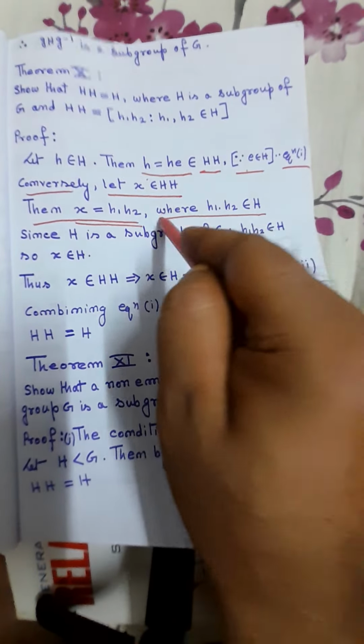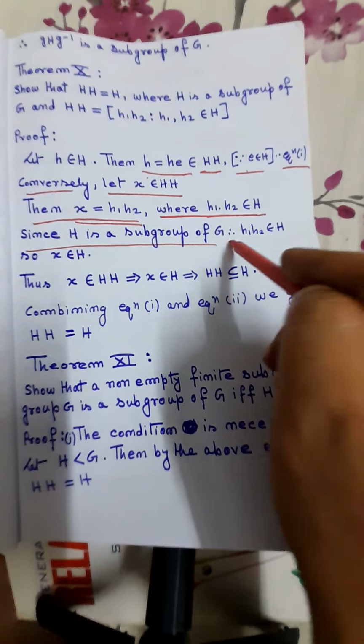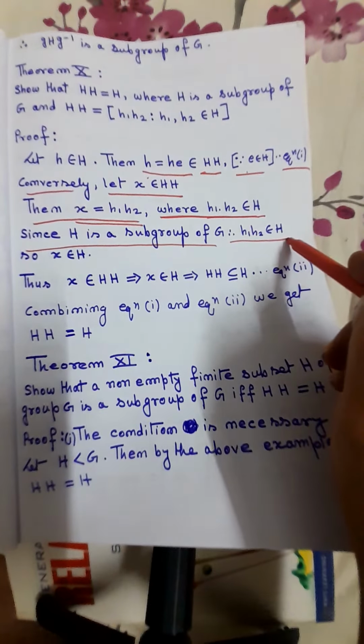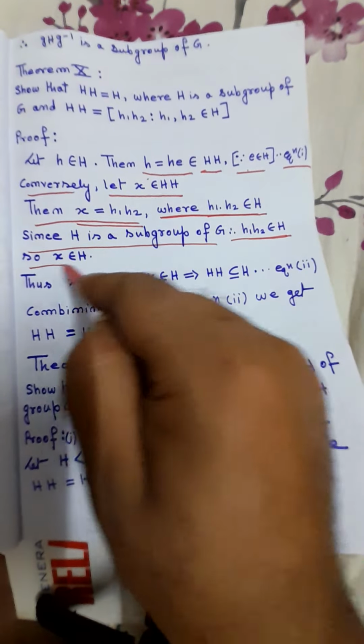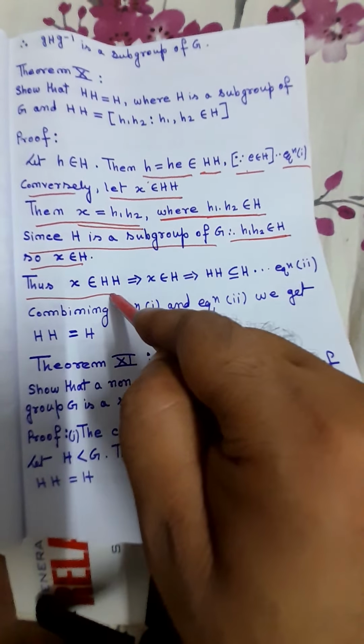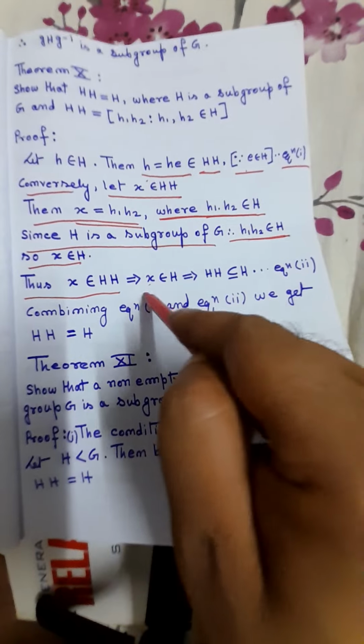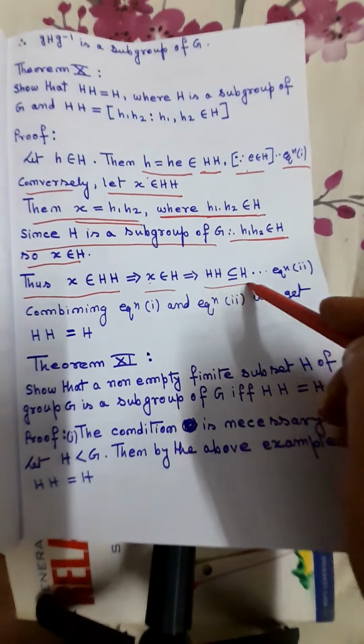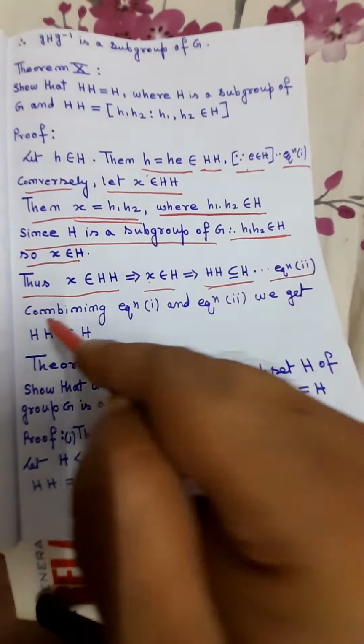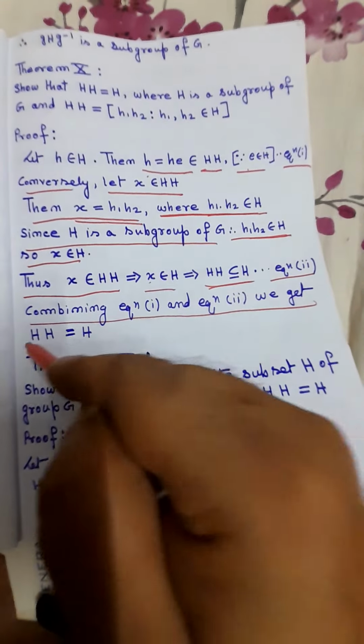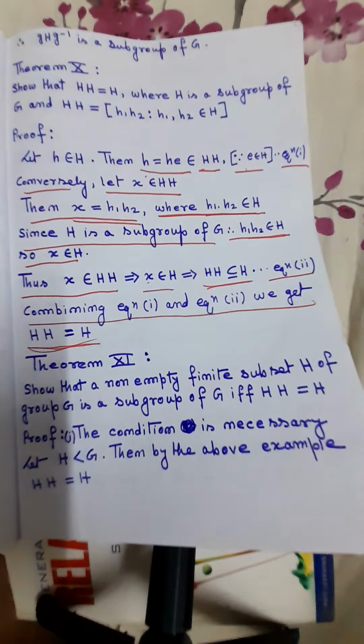Since H is a subgroup of G, therefore h1 h2 belongs to H, correct? So x belongs to H, thus x belongs to HH, that is x belongs to H, that is HH is a subset of H. Equation 2, combining equation 1 and 2 we get HH equals to H. So theorem 10 is proved.